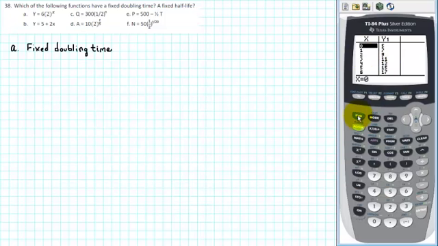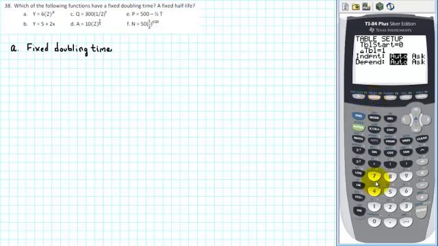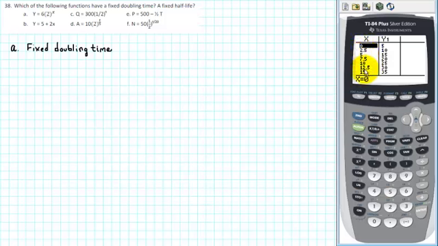So let's go back to table set and see if there is a fixed doubling time. We'll let table start remain at 0, but we'll increment by 2.5 since it took 2.5 units of x for the quantity to double from 5 to 10. Go back to our table, and what we want to do is to check and see if for every increase of 2.5 units in x, the y value doubles.